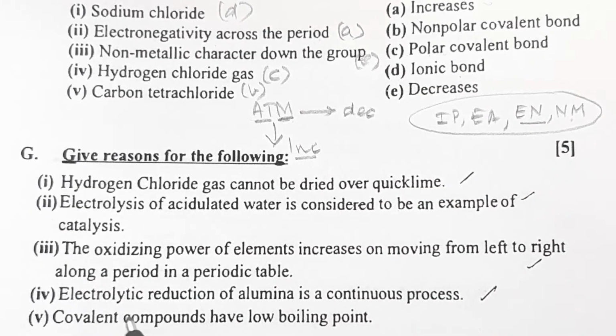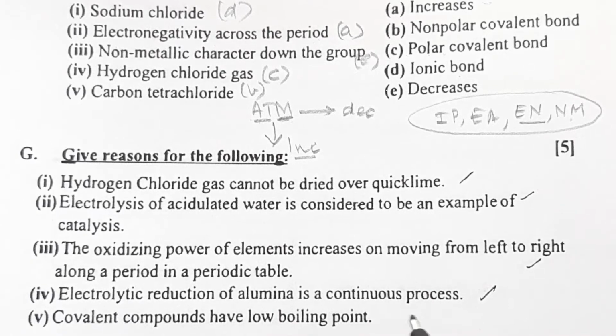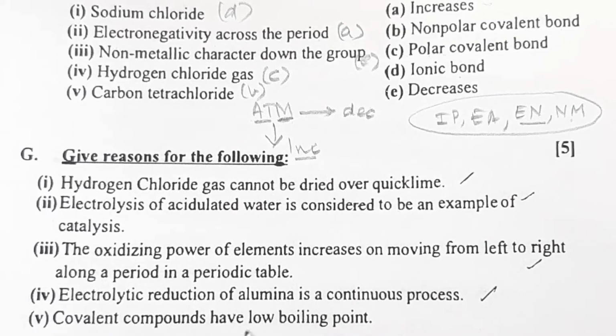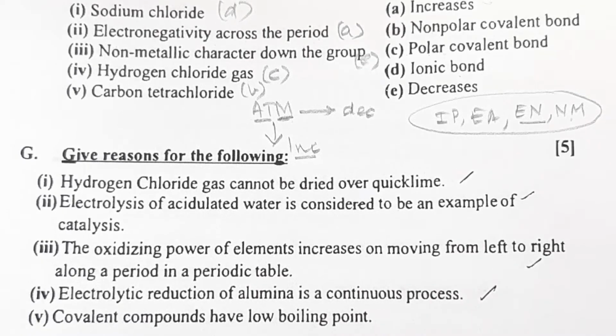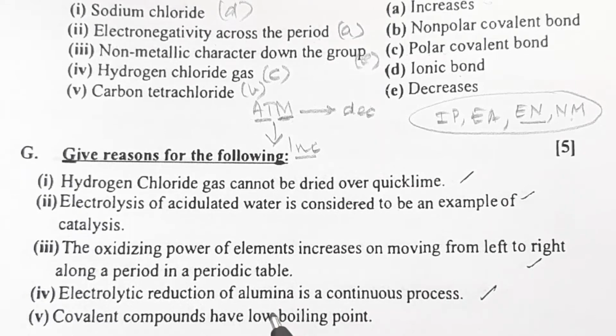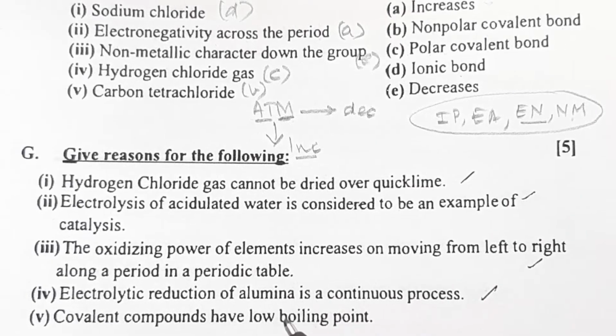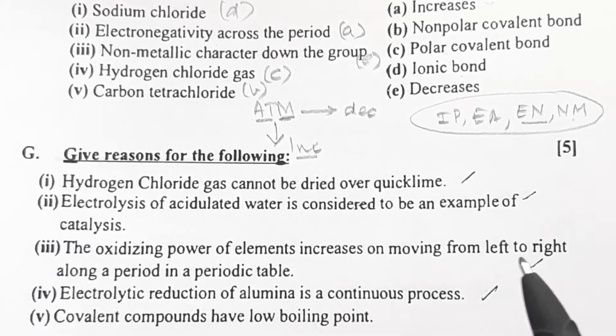Number 4. Electrolytic reduction of alumina is a continuous process. Now for electrolytic reduction, remember alumina dissociates as 2Al2O3 dissociates into 4Al3+ plus 6O2-, correct? Now this aluminium is going to accept electrons and it is going to get deposited.